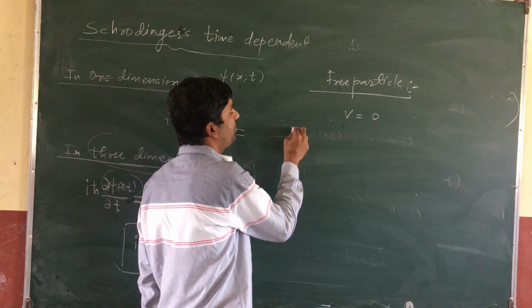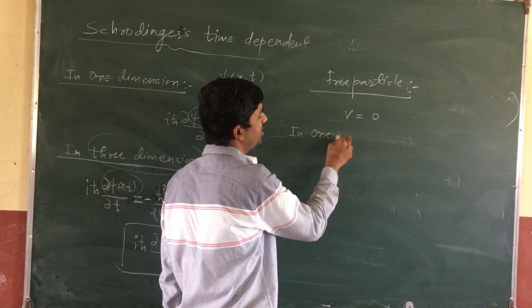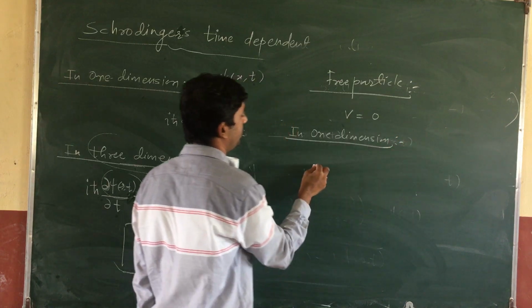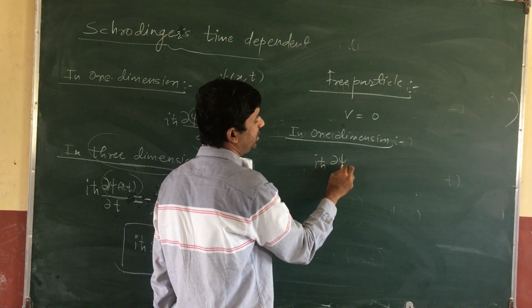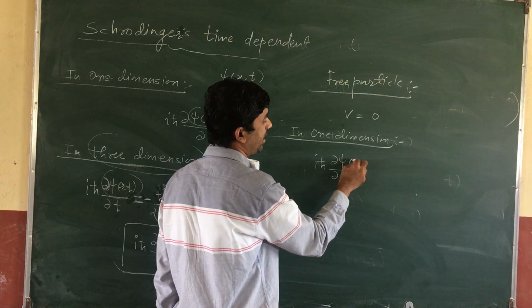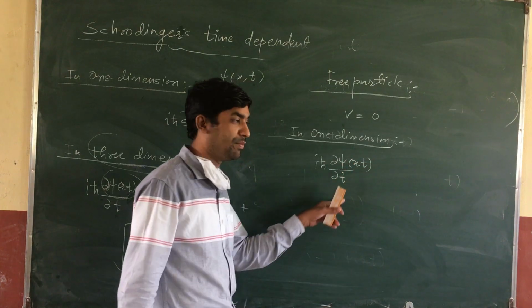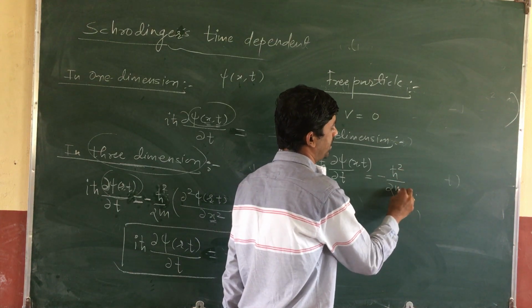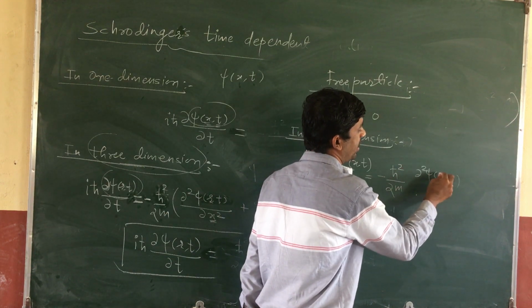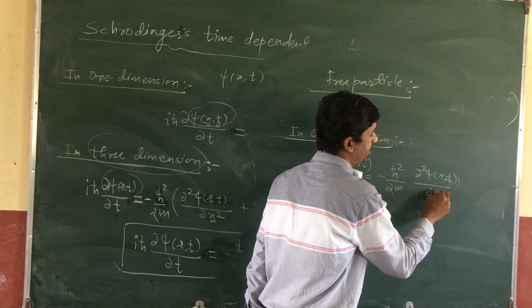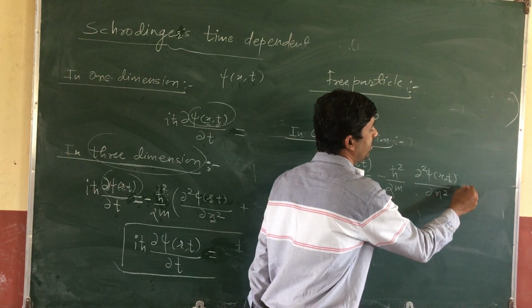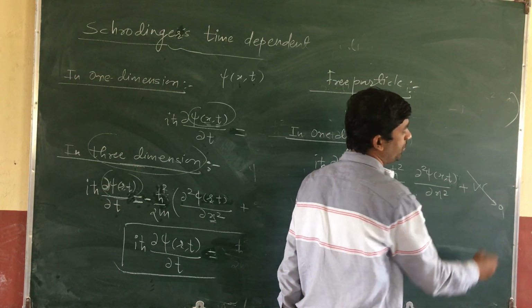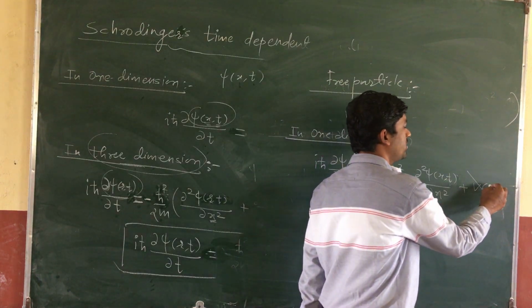If the particle is free, then in one dimension the equation becomes iħ ∂ψ(x,t)/∂t equals minus ħ² divided by 2m ∂²ψ(x,t)/∂x², and V, the potential, has value 0.